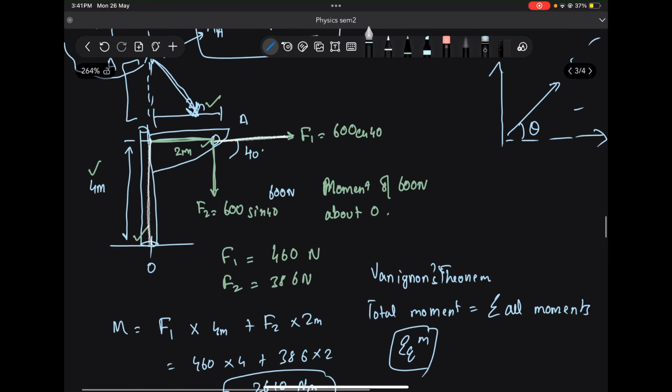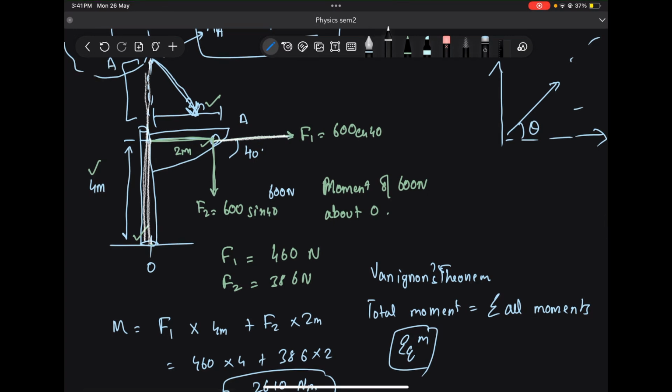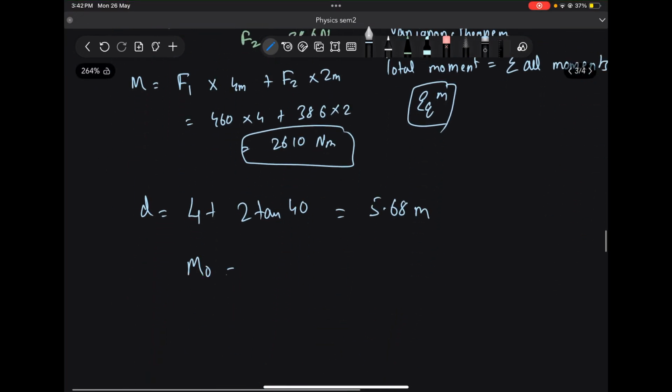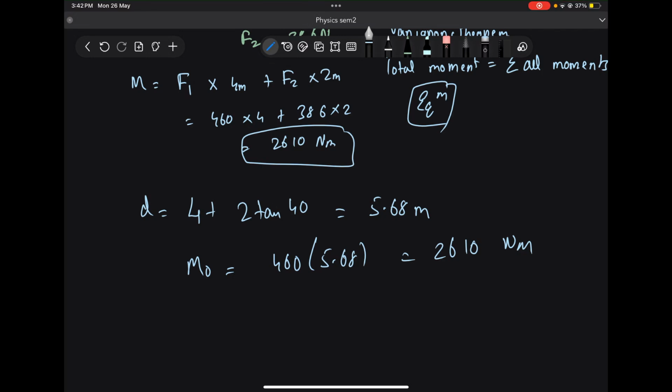So now we have this entire distance from O. From that, M0 will be equal to 460 into 5.68, or 2610 Newton meter. Since the point lies directly above O, we can calculate the moment in that way.